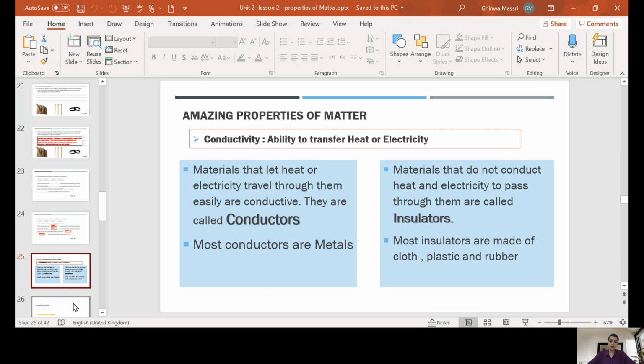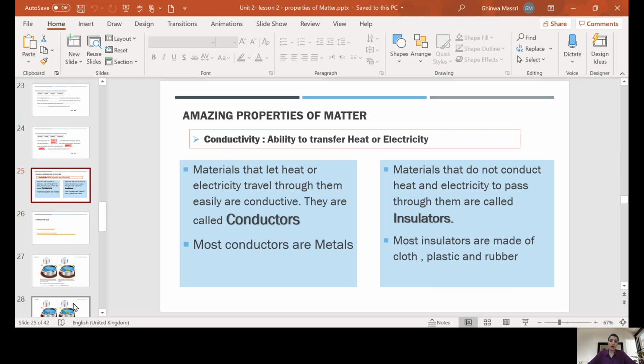We also learned about conductivity, the ability to transfer heat and electricity. Some matter does not have this ability; we call them insulators, and those that can conduct heat and electricity are called conductors.